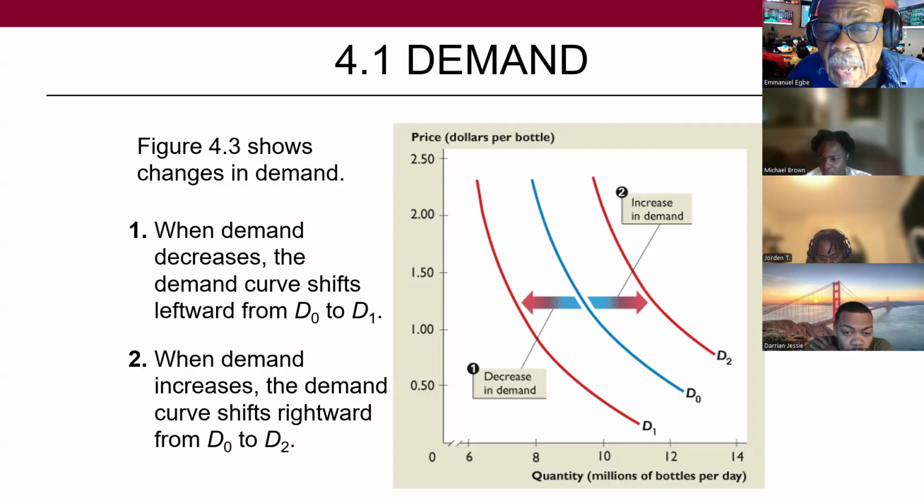Suppose that Apple sells for $1 and people buy 10 units. Now, if people's incomes increase, then for $1, buyers will buy more than 10 units, because now they have more income.